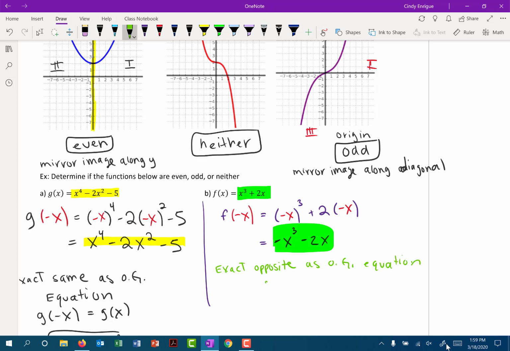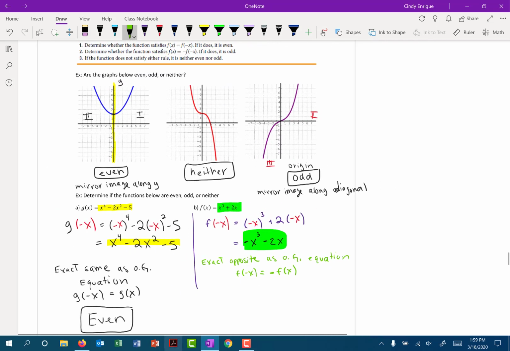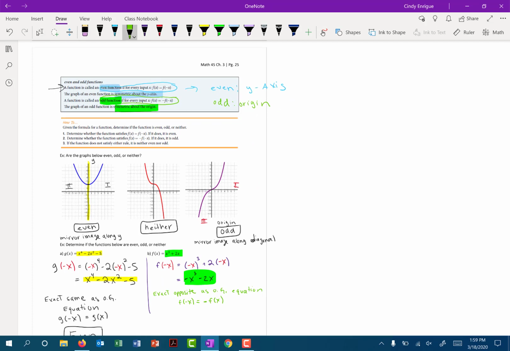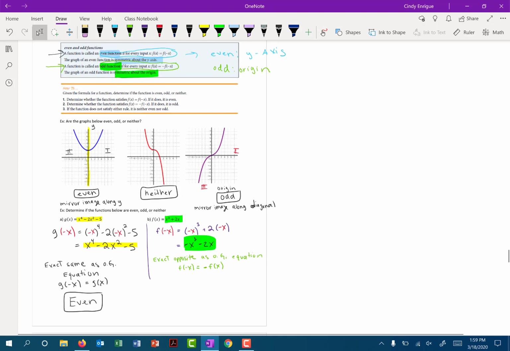So I end up getting that f of negative x is equal to a negative f of x, meaning all of my signs of my original function changed. So if I was looking at that definition here, the negative f of x is equal to f of negative x. So now I can say with certainty that this function was odd.